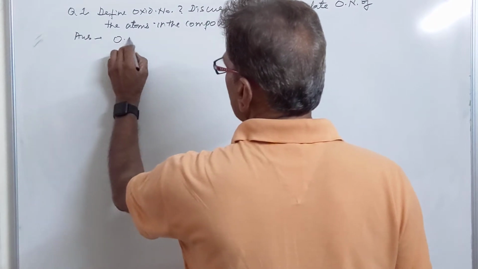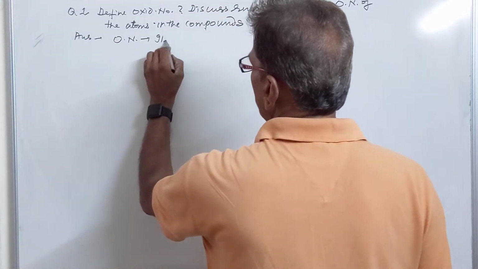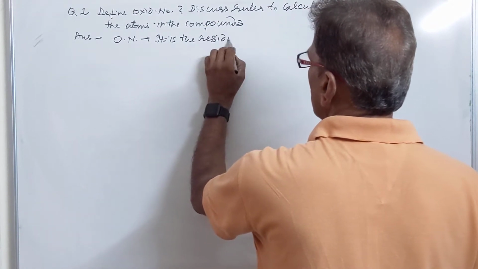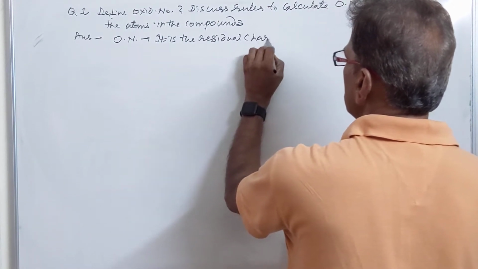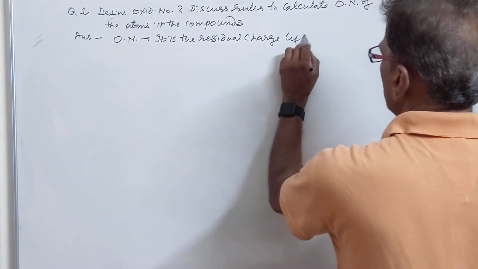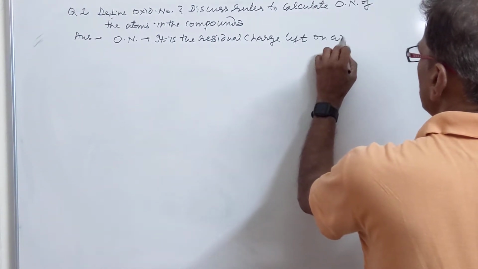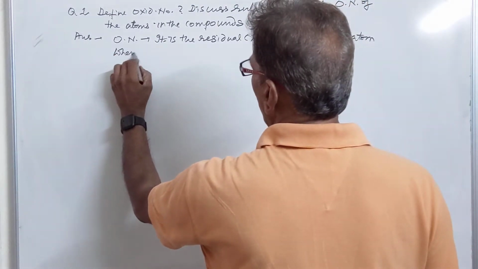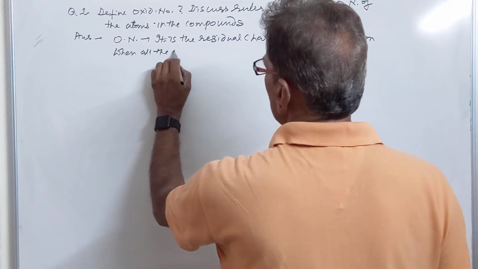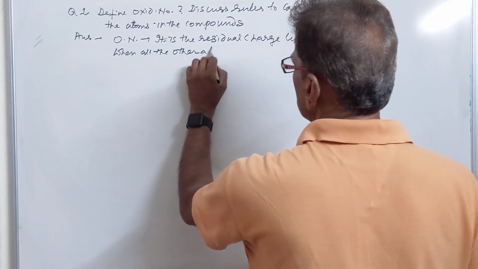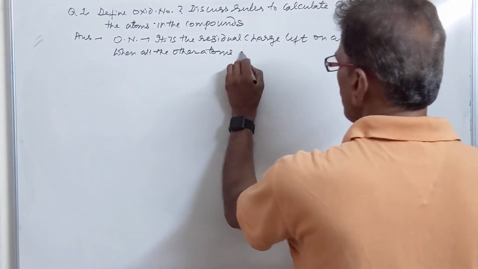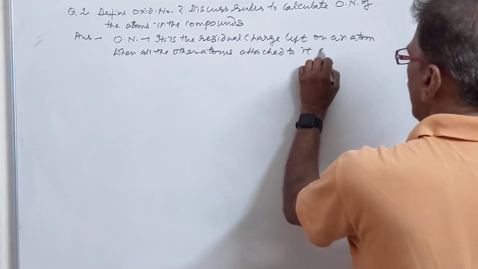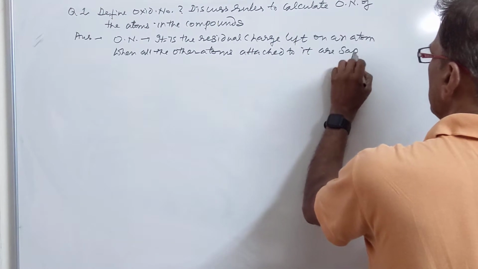So what is oxidation number? It is the residual charge left on an atom when all the other atoms attached to it are separated as ions.